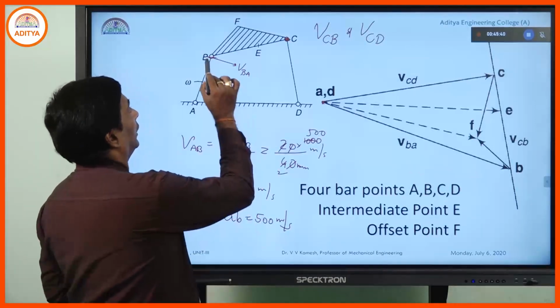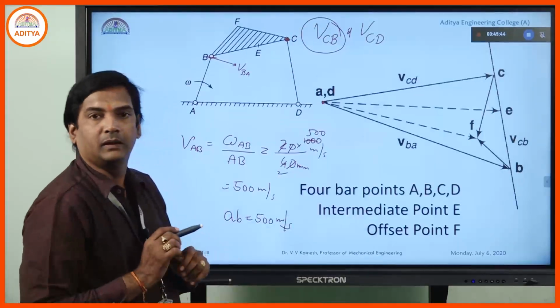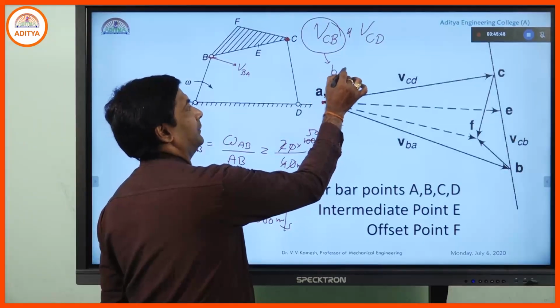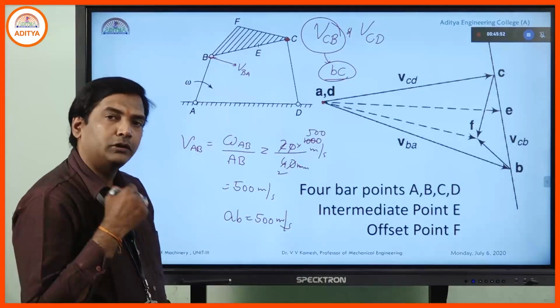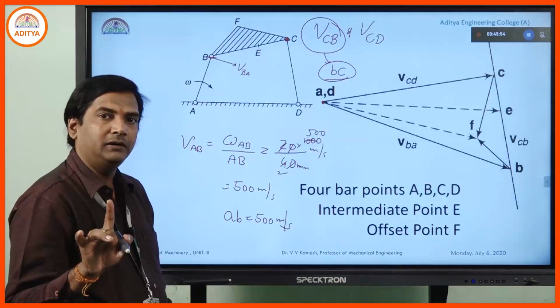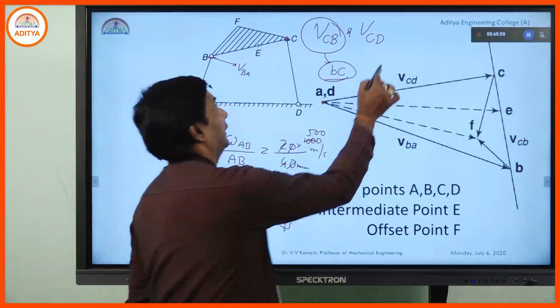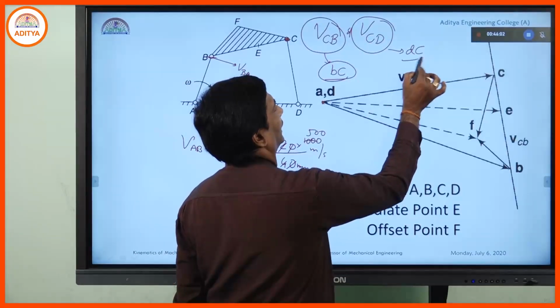Now, how to get the velocity of CB? That means it has to be from the BC line. I need to get the BC line on the velocity diagram. Next, velocity CD, I need to get the DC line.